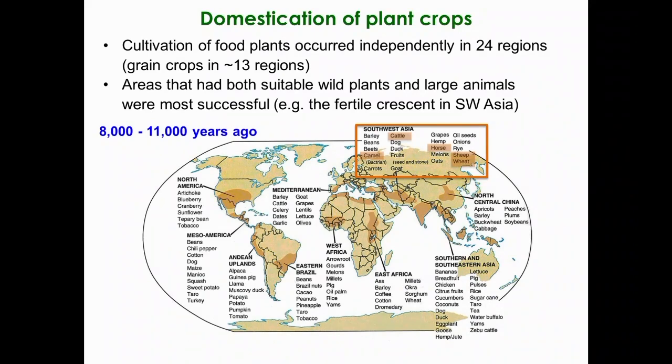What's also worth noting here is that these regions that were the cradles of this domestication, and were at this time the regions of intensive agriculture, are not the same regions that are the sites of intensive agriculture today. So, for example, there was, in this time, lots of agricultural activity going on in Central America and the northern areas of South America, whereas today these are not as productive as they once were.